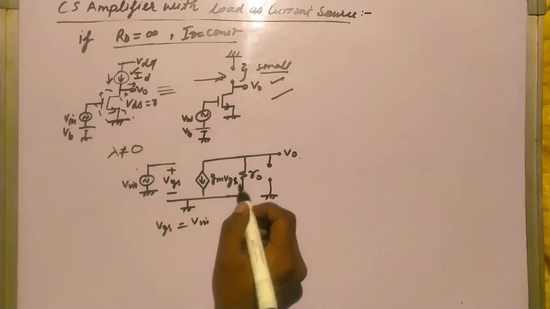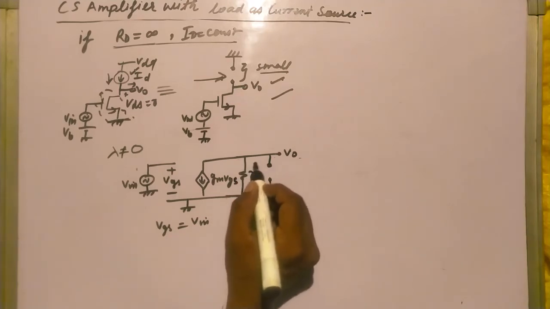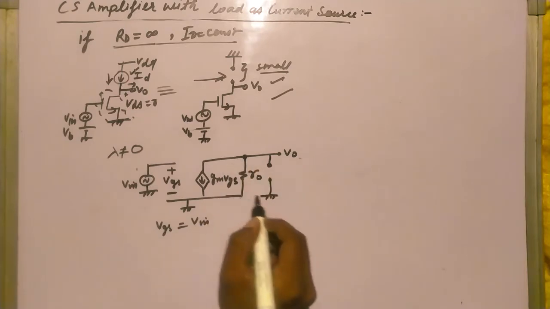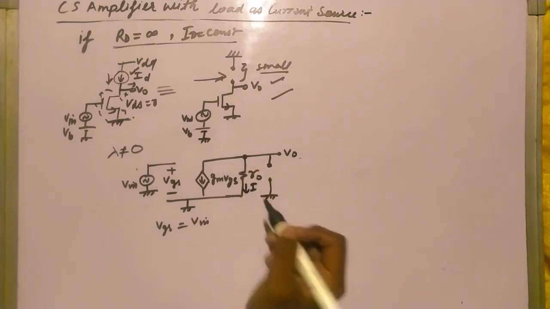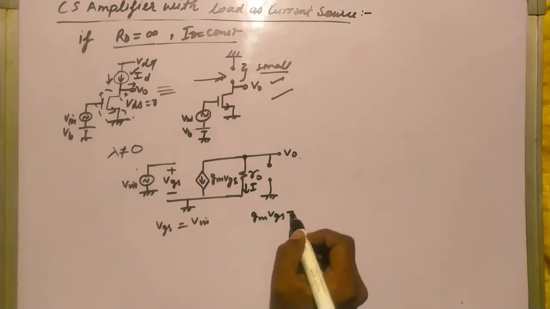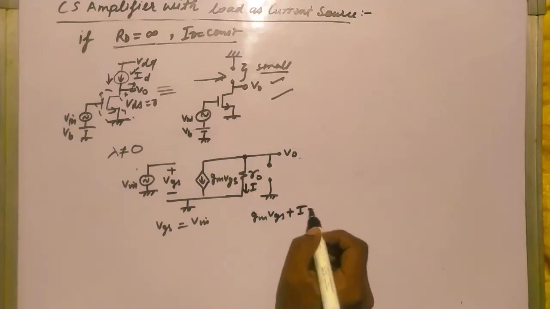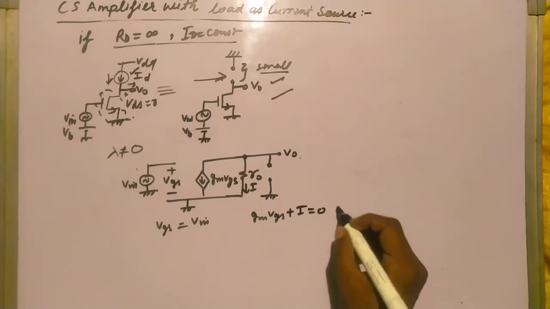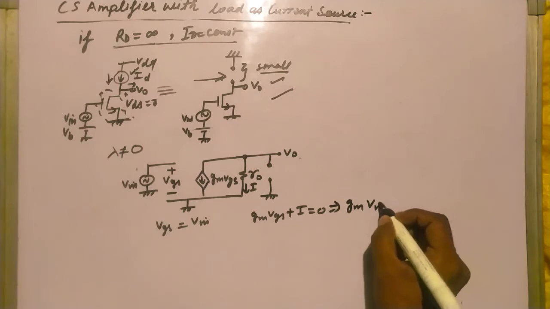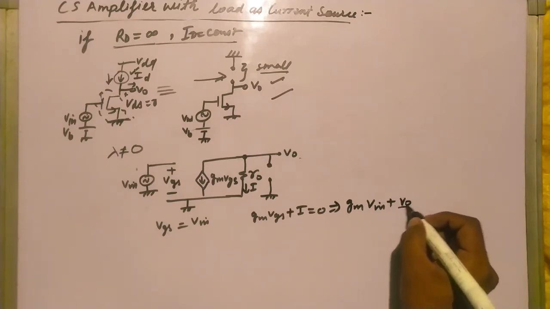Okay, so apply the KCL. The voltage across this R naught is V naught, so applying the KCL on this node, I current is flowing through this, so GM VGS, plus I equal to 0, and GM VGS is V in, I is equal to V naught by R naught.